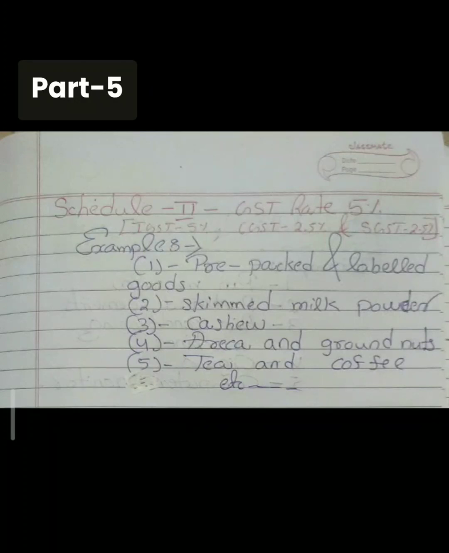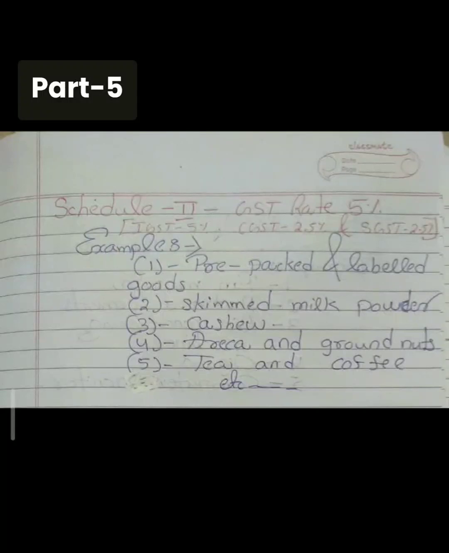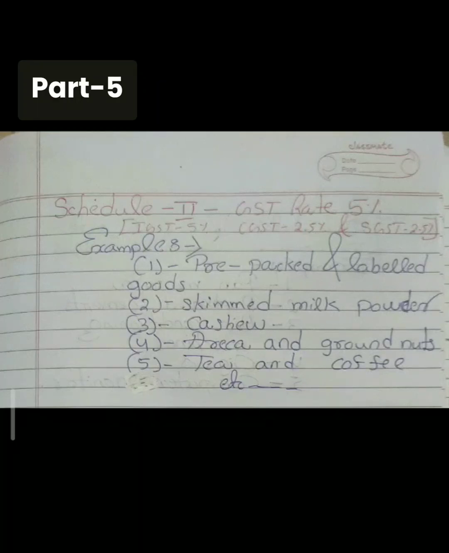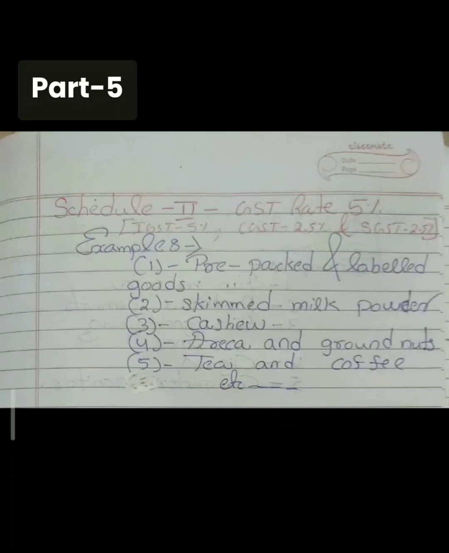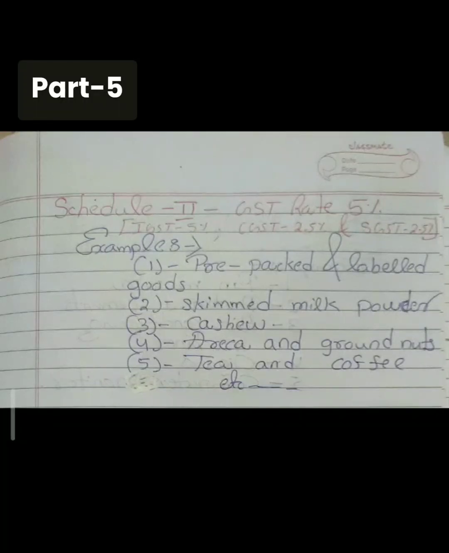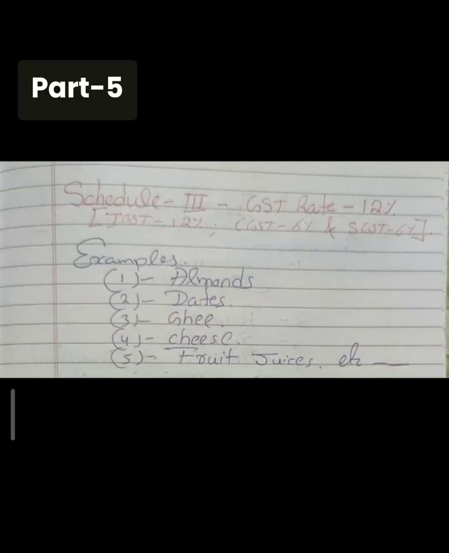CGST 2.5% goes to the central government and the remaining 2.5% goes to the state. Examples of goods with GST rate 5%: pre-packed and labeled goods, skimmed milk powder, cashew, areca and groundnuts, tea and coffee, etc.